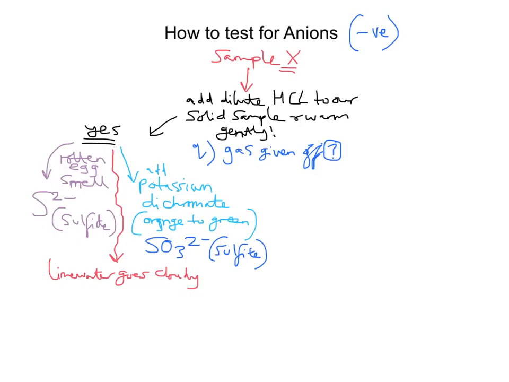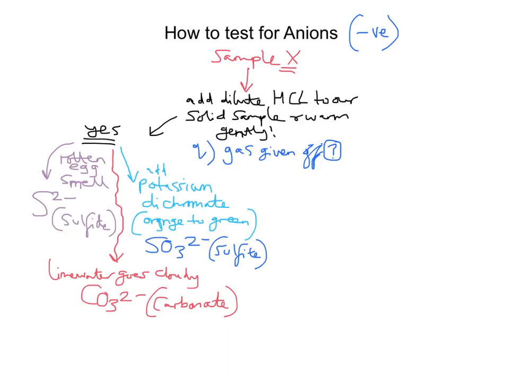And what we can say is that we've identified that our unknown sample X has the CO3 2- anion present, which is the carbonate ion. So there we've been able to identify the sulfide ion, the sulfite ion, and the carbonate ion, if, when this gas was given off, if indeed it was, when we've added sample X to some dilute HCl and warmed that sample slightly.